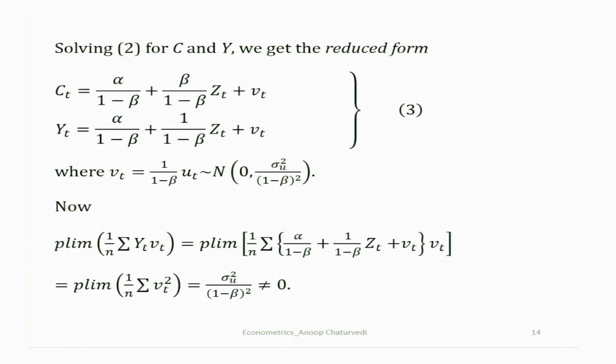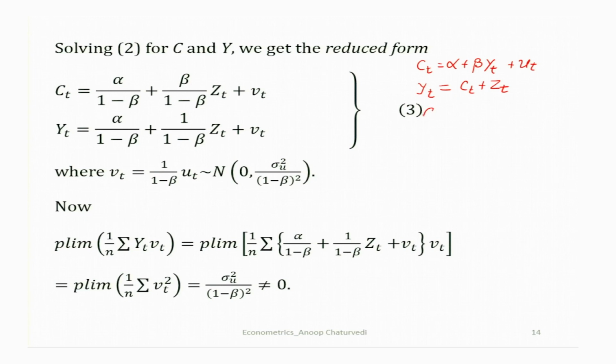Now, we solve these two equations for C and Y. So, the first equation is C t equal to alpha plus beta y t plus u t, and then y t is equal to C t plus Z t, and then we substitute the value of y in the first equation.